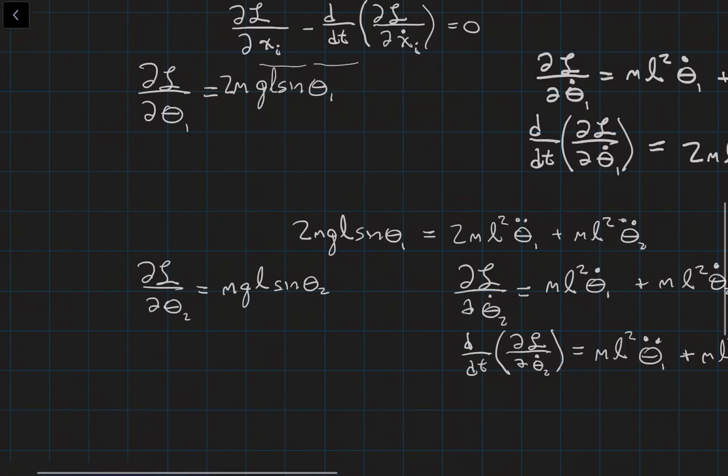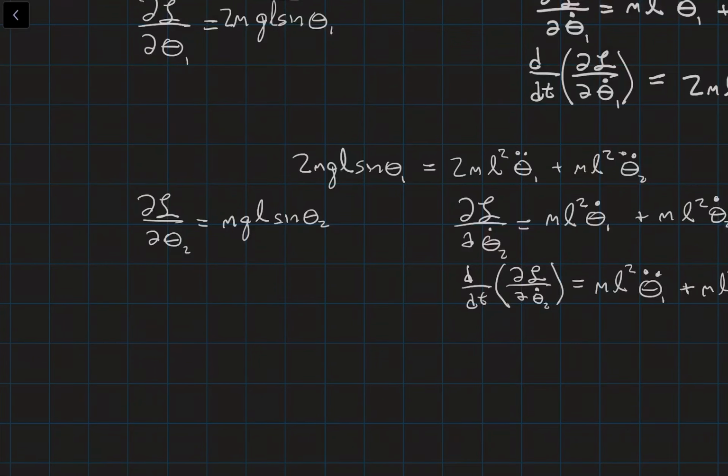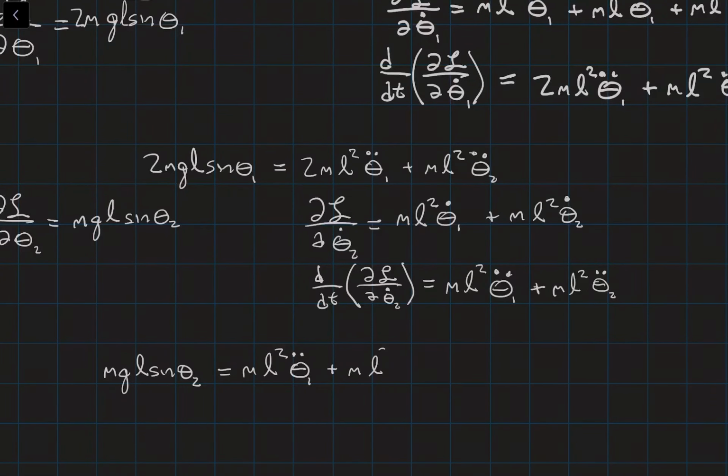And then we can equate these two equations. So we have mgL sine theta 2 is equal to mL squared theta 1 double dot plus mL squared theta 2 double dot.